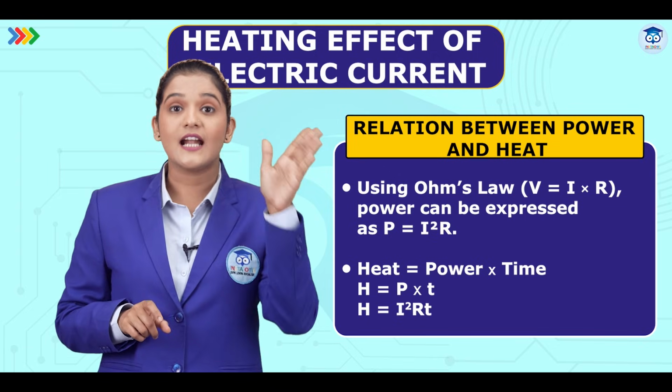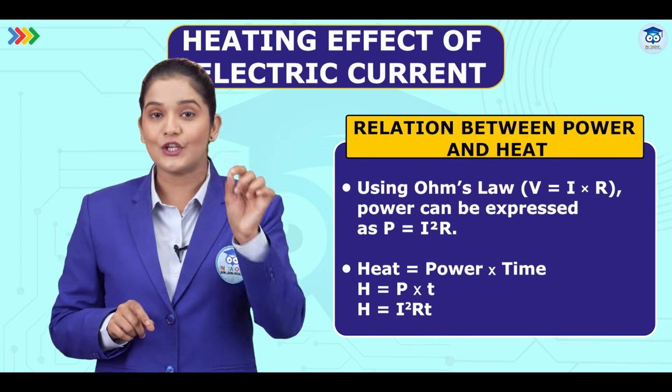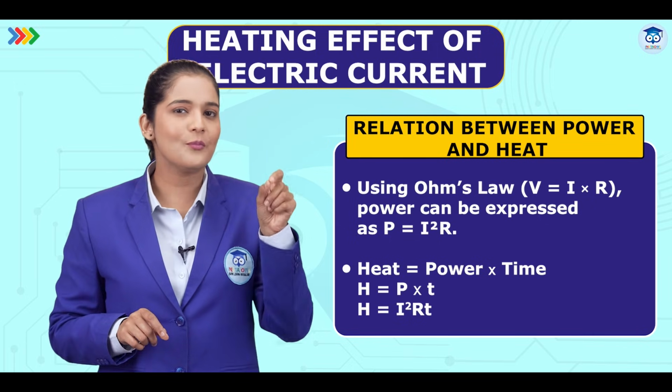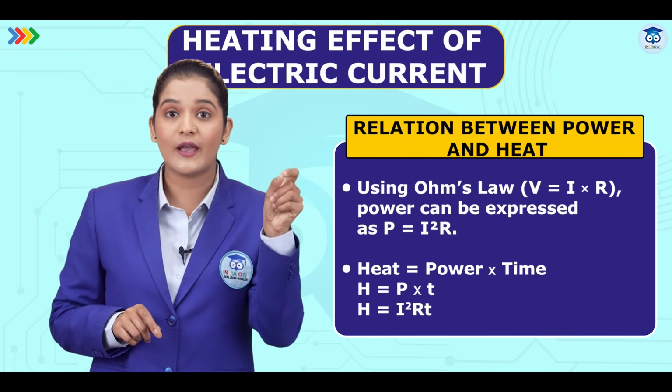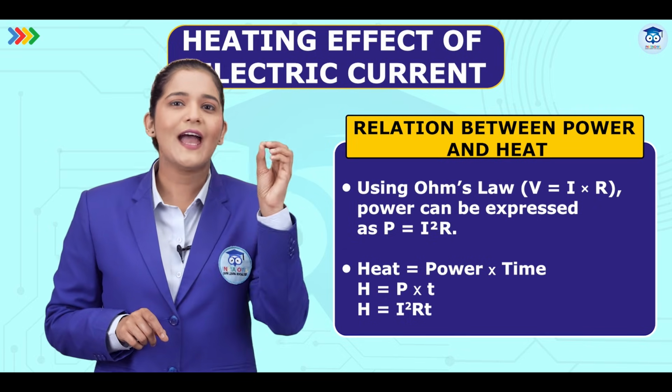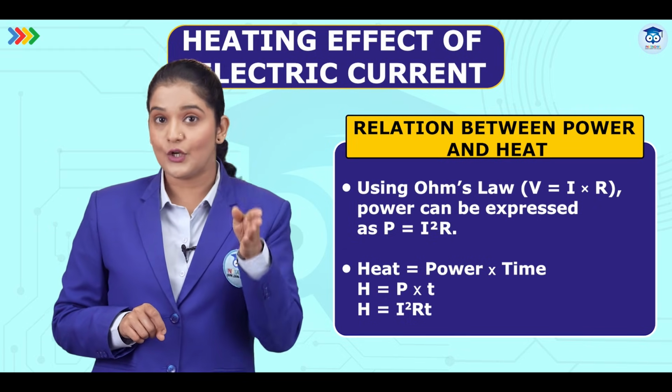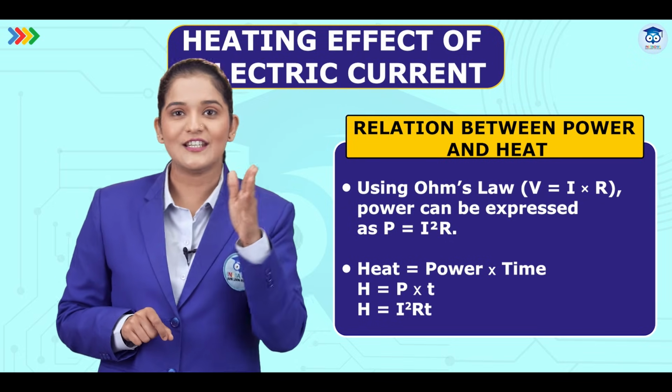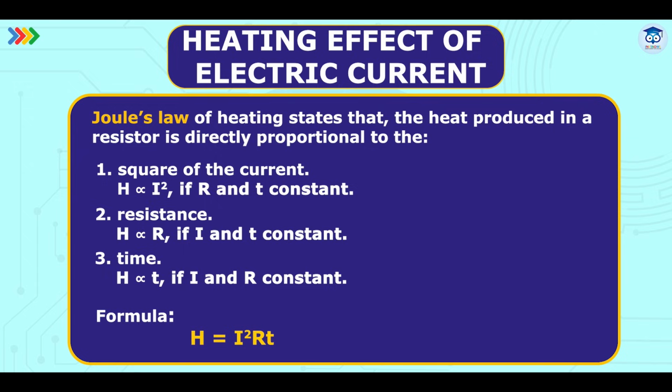Thus, heat, that is H, is equal to P into T. Using the formula for power as P equals I square into R, we substitute and obtain the expression H is equal to I square into R into T. This is known as the Joule's law of heating, and it quantifies the heat produced due to the passage of electric current through a resistive conductor over a time duration T. This set of relations helps us understand how electrical energy is used and converted within a circuit.